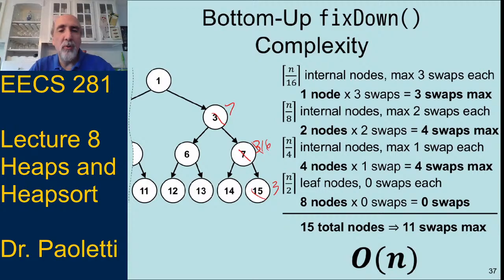But we could also do it, we could say, hey, let's just keep it as n. There were n over 16 nodes with 3 swaps each, right?